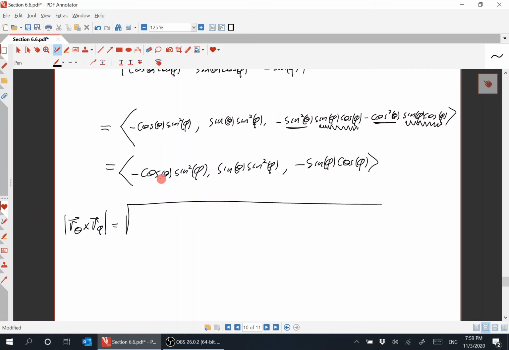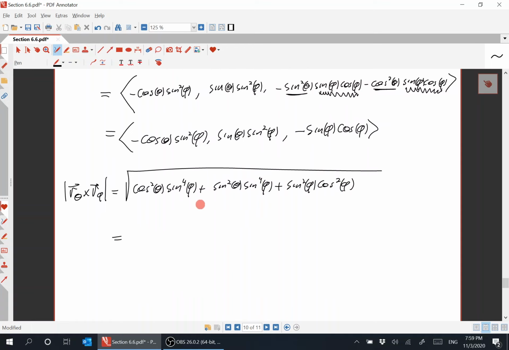of this squared: cosine squared theta sine to the fourth phi, plus sine squared theta sine to the fourth phi, plus sine squared phi cosine squared phi. More simplifications on the way. Cosine squared plus sine squared, right?